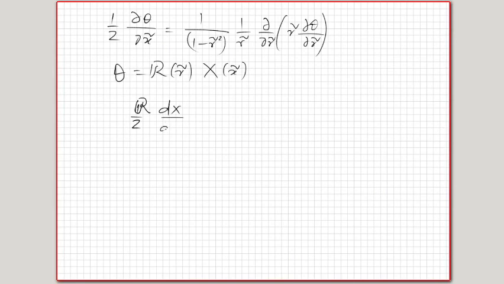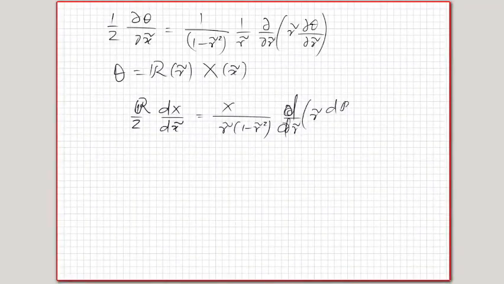by dx tilde is equal to, on the other side, since this theta is X into R and this X is a function only of x and not a function of r, I'll be able to take the X out here, divided by r tilde into 1 minus r tilde square into d by dr tilde of r tilde dR by dr tilde. Okay, so now I can separate the variables completely. This R can go this side and this X can come this side.